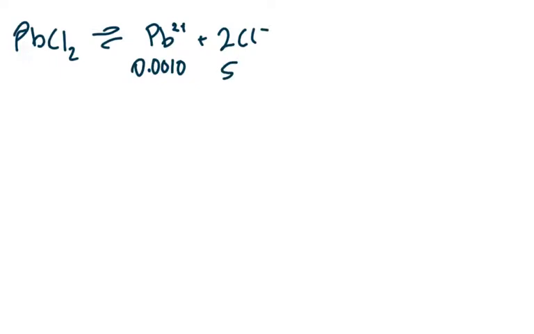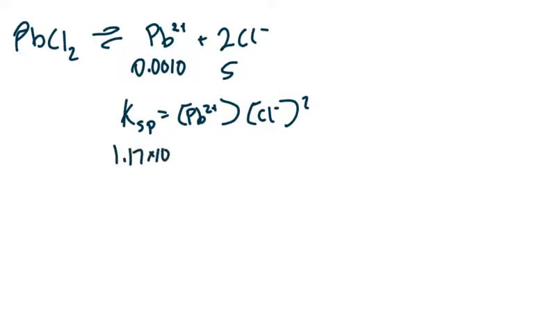So we're looking for this. And our Ksp is going to be the lead times my chloride squared. I know my Ksp is 1.17 times 10 to the minus 5th.